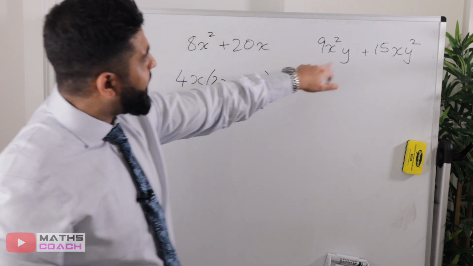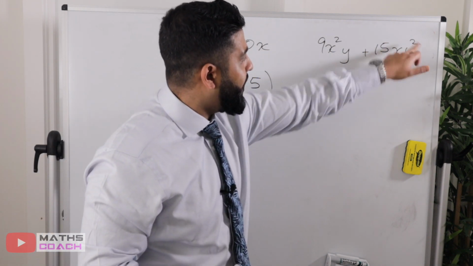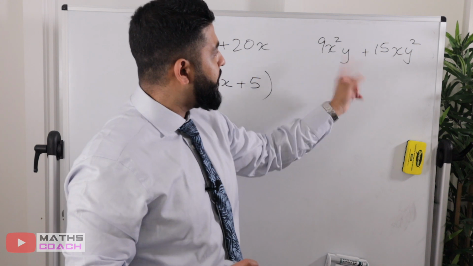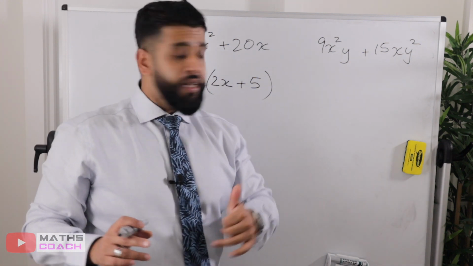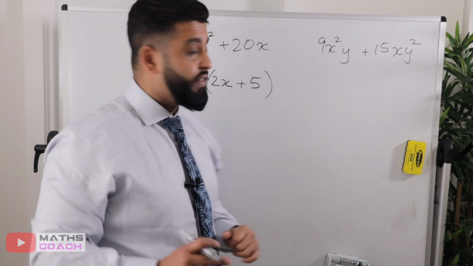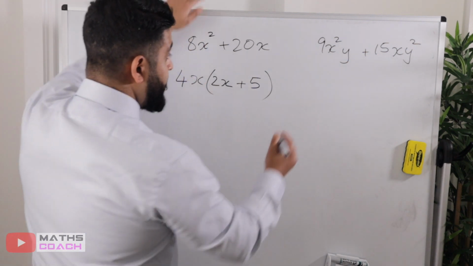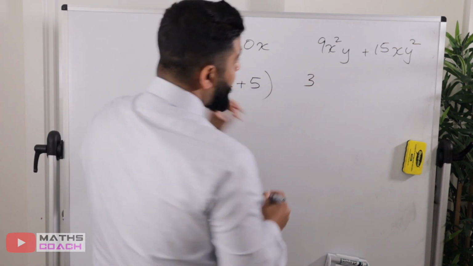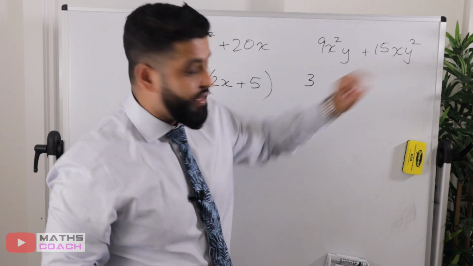Now moving on to 9x squared y plus 15x y squared. Between the two numbers, what do we have? We know that 3 goes into 9 and 15, and it's the highest number that goes into 9 and 15. So we're going to take the 3 out. Now, we've got x squared and we've got x.